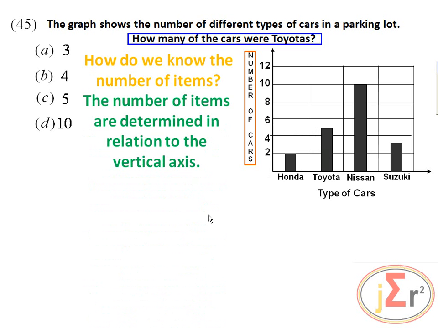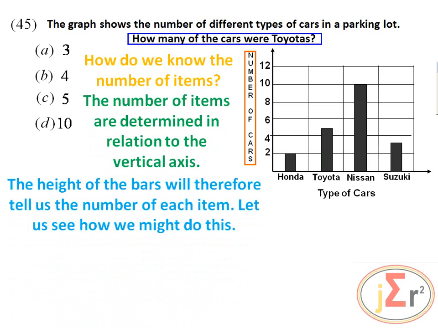The number of items are determined in relation to the vertical axis. The height of the bars will therefore tell us the number of each item. Let us see how we might do this.